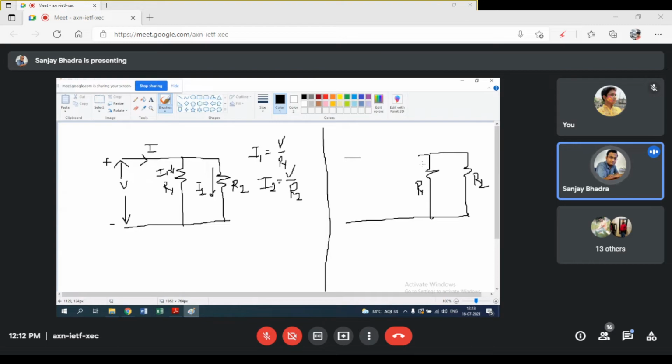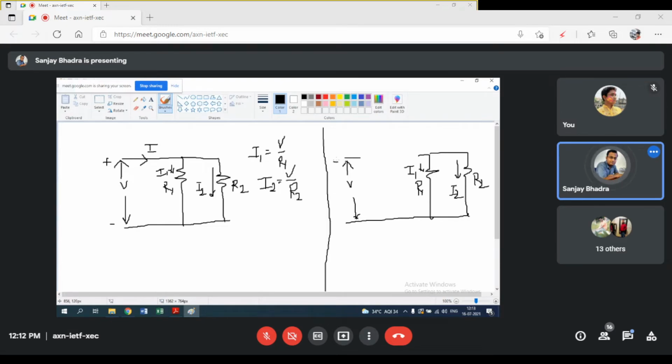And let's say this is the same thing as your I1, and this is your I2, and this is where my voltage is.